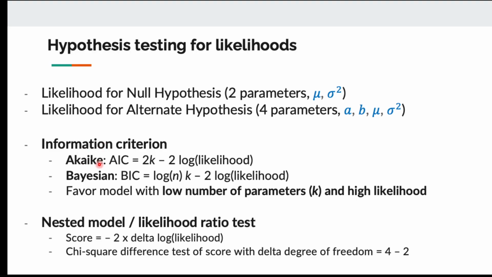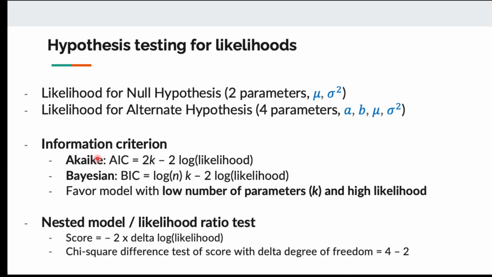We want to identify the nucleotide substitution model that fits the data better, and different nucleotide substitution models have different numbers of parameters. In this case, we have two models that are trying to fit the noise of our microarray. One of them has 2 parameters, the other one has 4, and both have mu and sigma. So the alternative hypothesis is more complex. It has 2 more parameters.